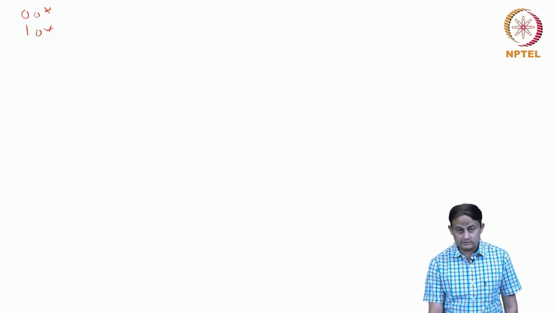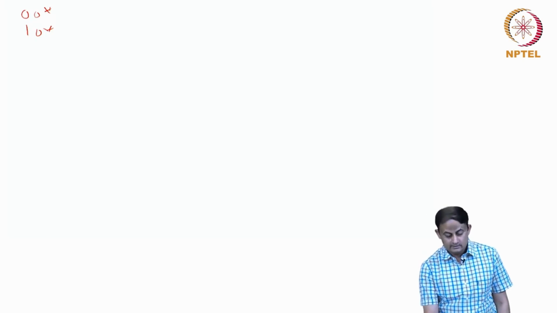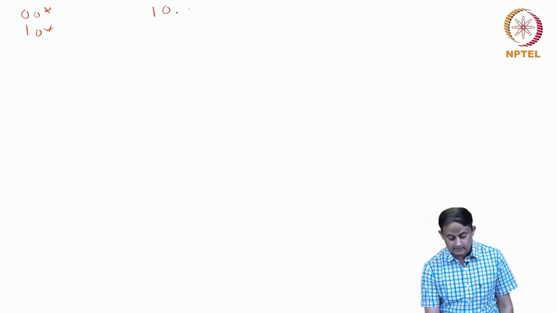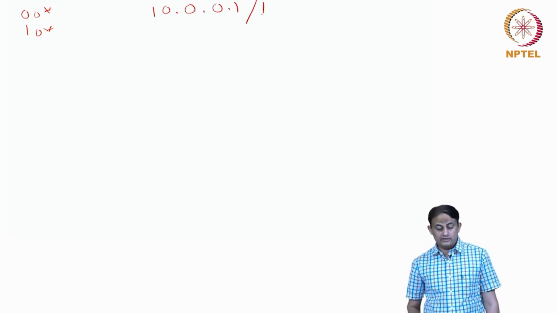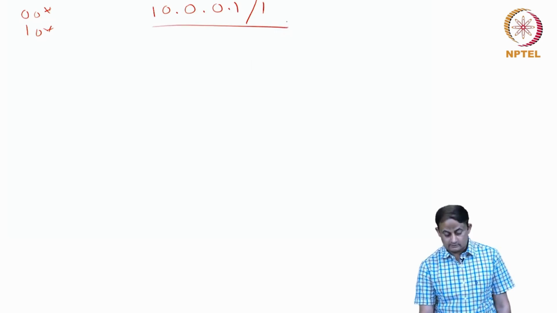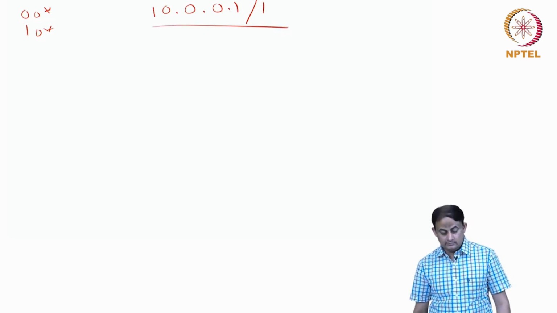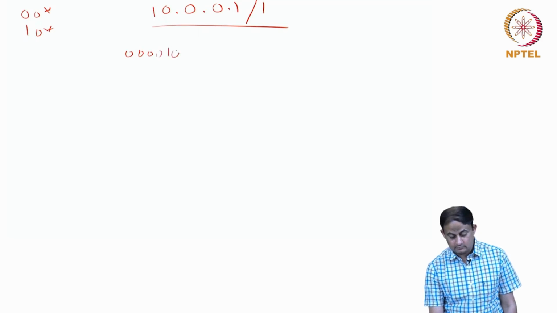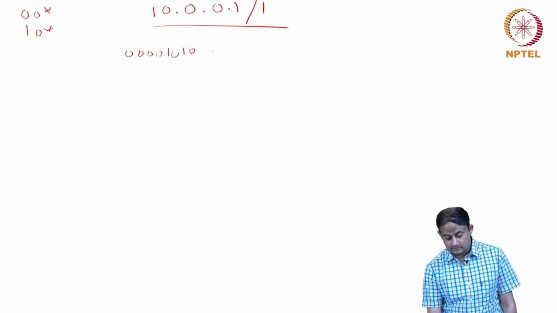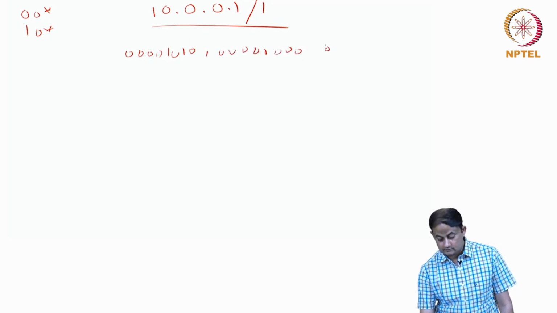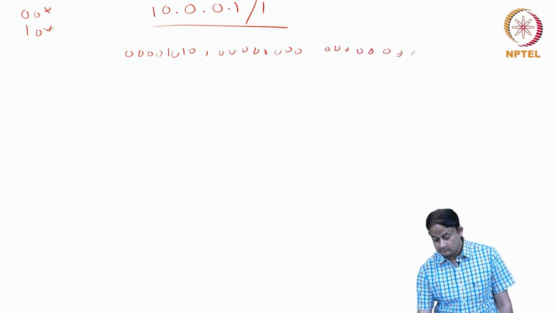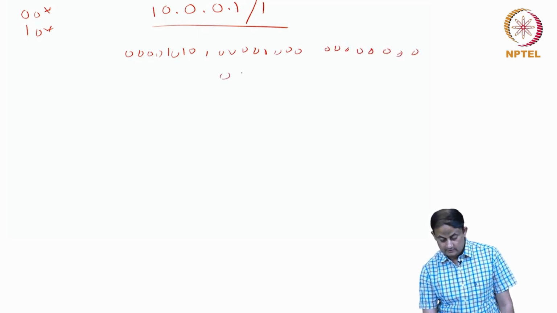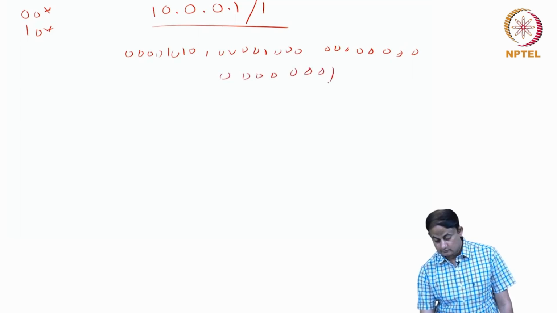So maybe for example, if you take the CIDR case, the prefixes are in this format. Let's say I have 10.0.0.1/1. What it means is you convert this into binary, 10.0.0.1. So 10, if you convert it to binary, you will have 0 0 0 0 1 0 1 0, and the second part will have 8 zeros, followed by another 8 zeros, and followed by 1.